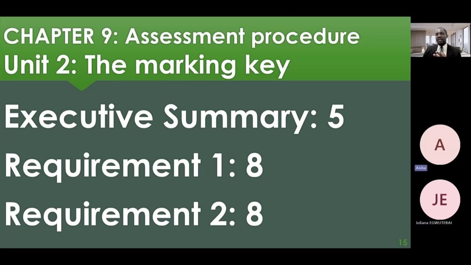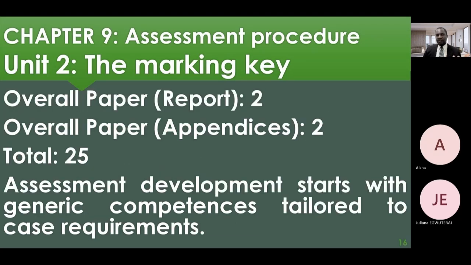The executive summary is 20 marks, but we're looking at 5 boxes, from the introduction. You speak to requirement 1, then requirement 2. So there are 5 items. Once you've done your introduction, you speak to findings, requirement 1, requirement 2. So they have 5 boxes. Then requirement 1 has 8. Requirement 2 has 8 in the discursive element.